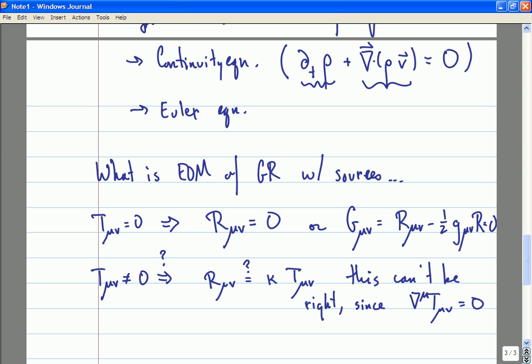So if this were the equation of motion of general relativity, it would imply that in some cases stress energy is not conserved, and of course the conservation of mass and energy is a principle that we would like to preserve in the theory of general relativity.